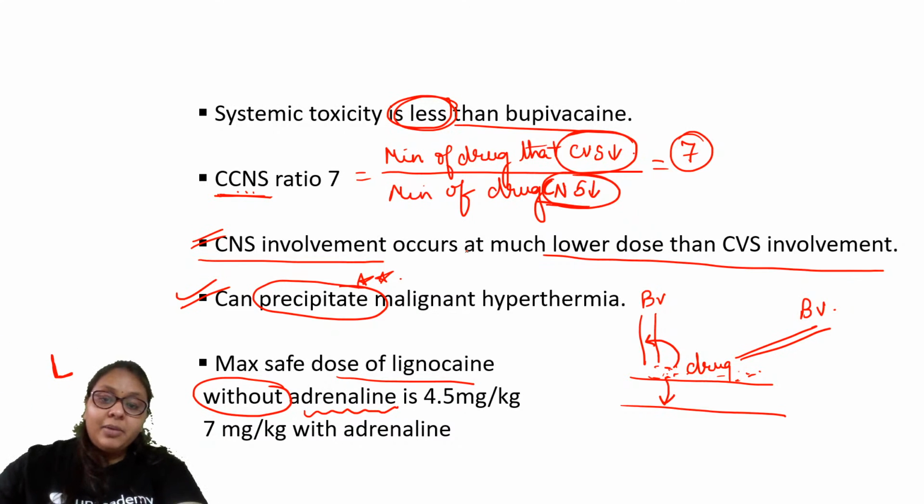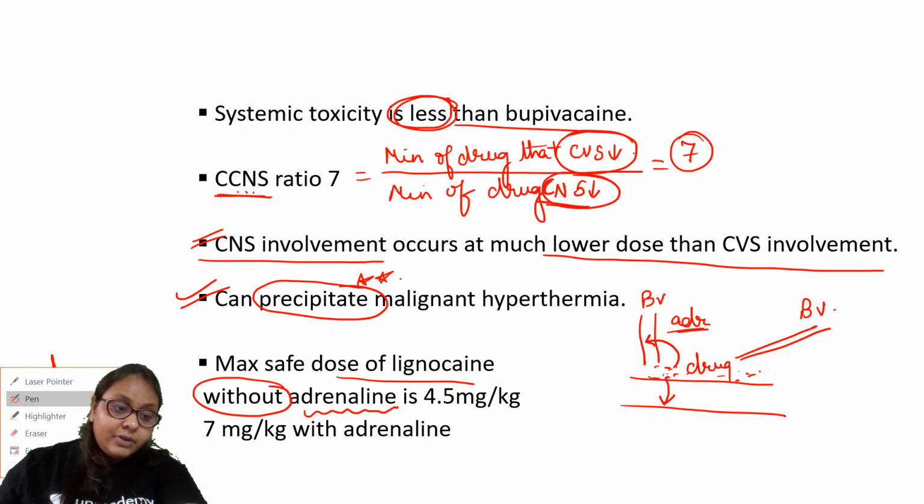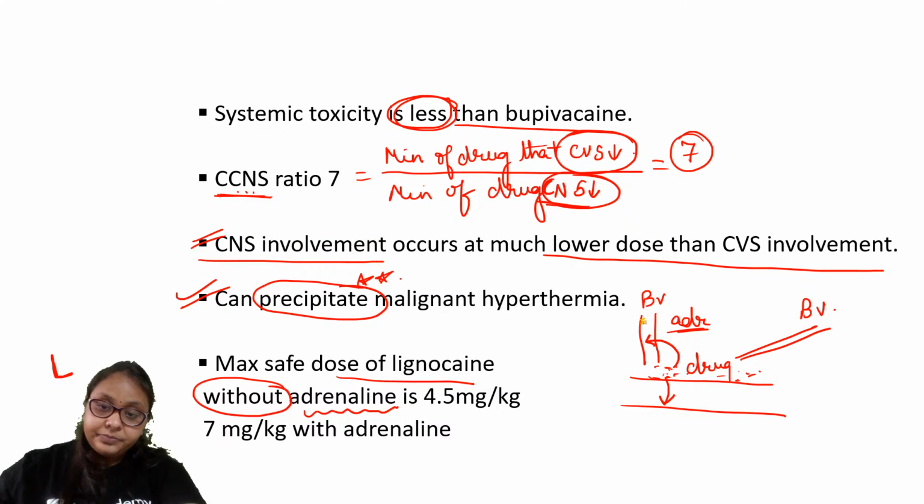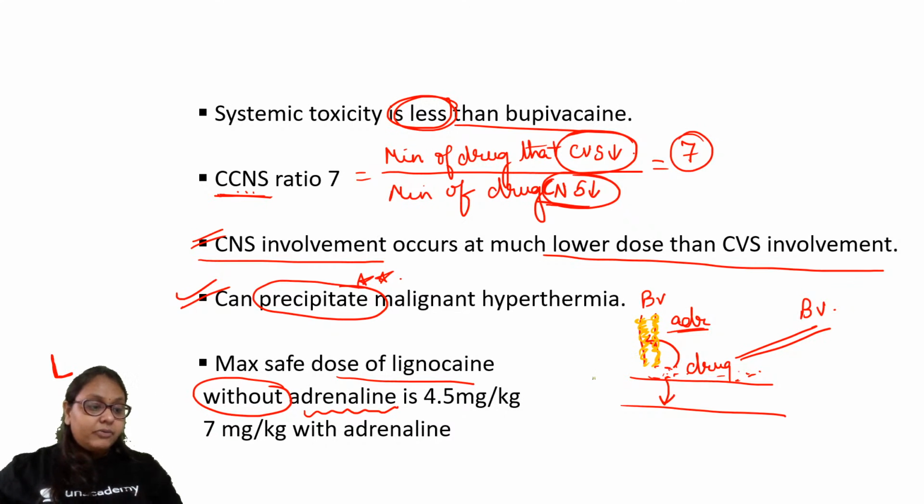Now, if I am adding adrenaline, what will happen? The blood vessel will get vasoconstricted. So more amount of drug will be available to act on the nervous tissue, and less amount of it will be absorbed by the blood vessels.